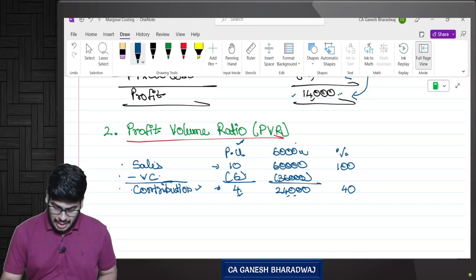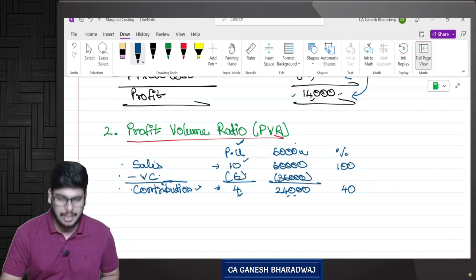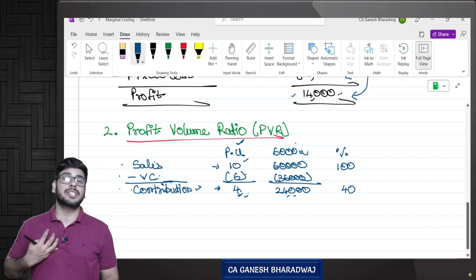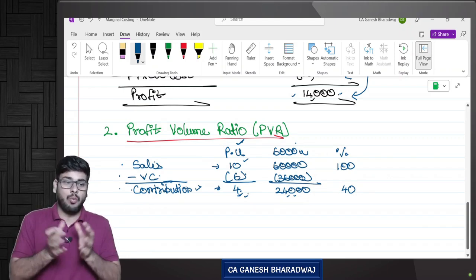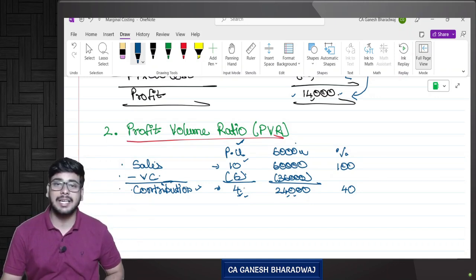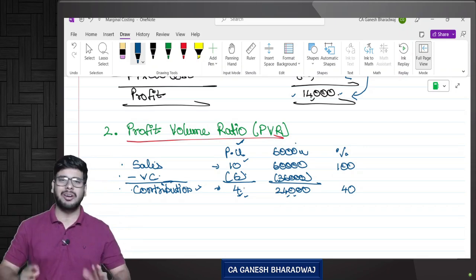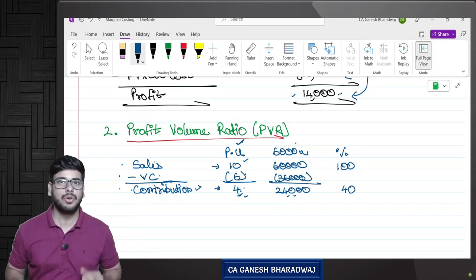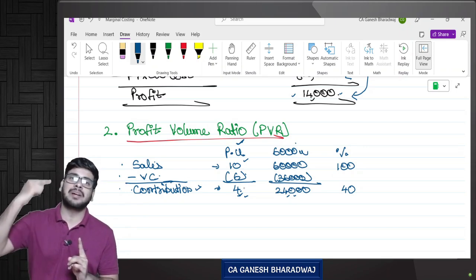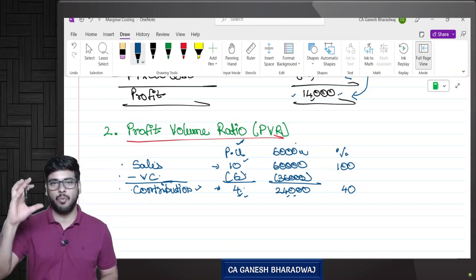Yes. So in this case, every time I sell one unit, it generates how much? 10 rupees of sales, selling price, correct? And I know that it generates a contribution of 4 rupees. If I want to establish my contribution as a percentage of sale, can I say generally my contribution is 40% of selling price, or my contribution is 40% of sales value, correct or not? So if you establish the contribution as a percentage of sales, that is actually called the profit volume ratio.